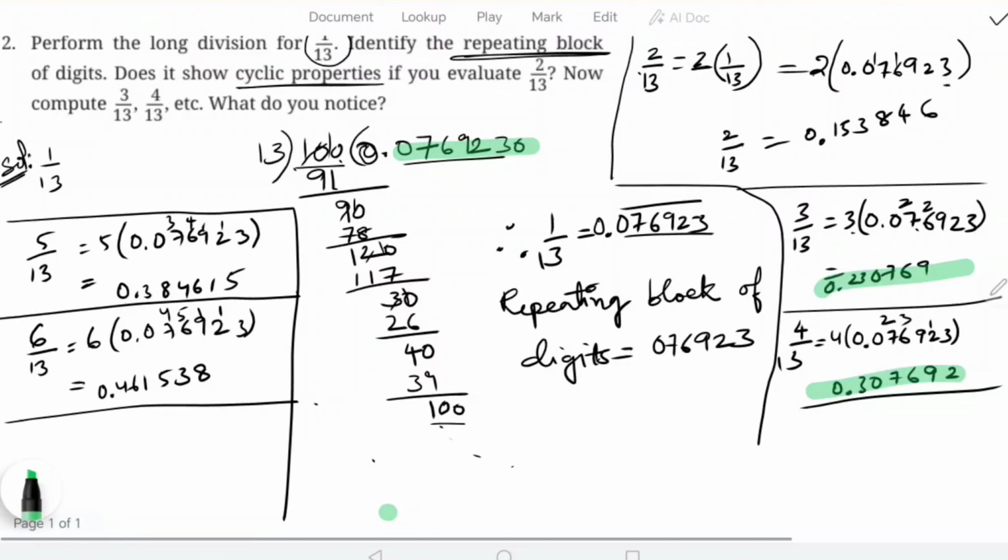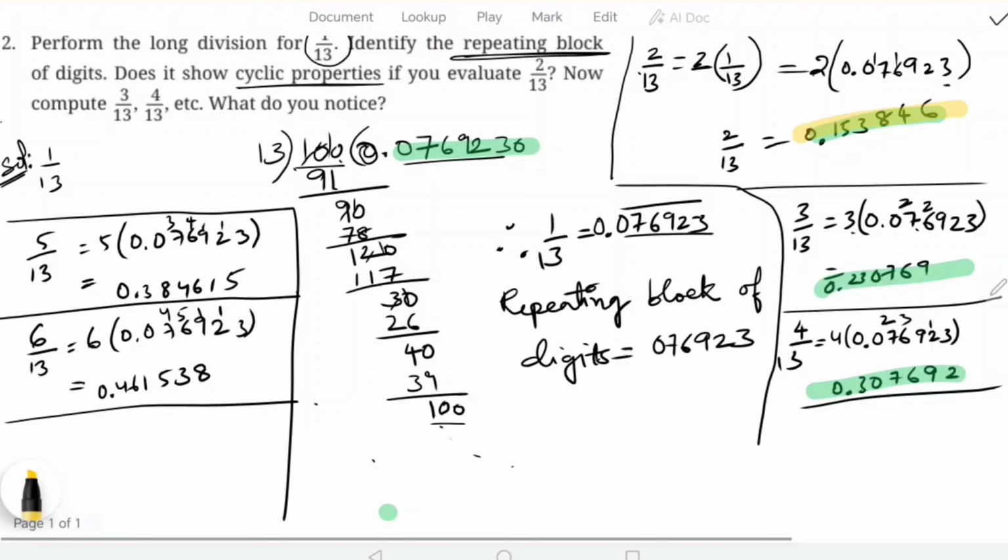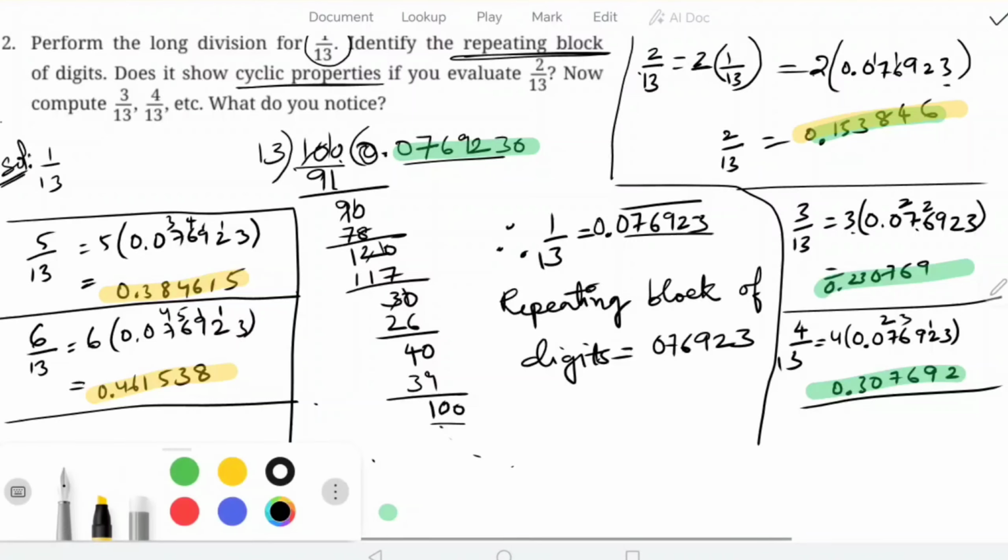And if you see the second one, the digits are 153846. These digits are the same for 5 by 13, because 15384, so 384615. Here 461538. So these are the repeating blocks.